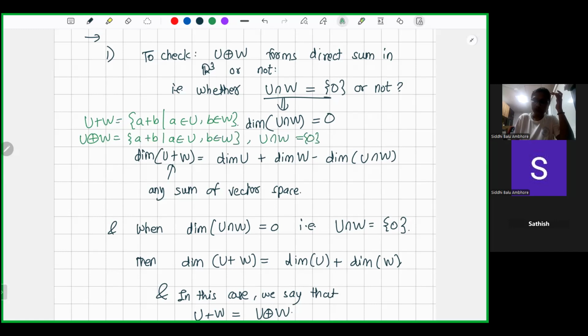This is the extra condition for direct sum.